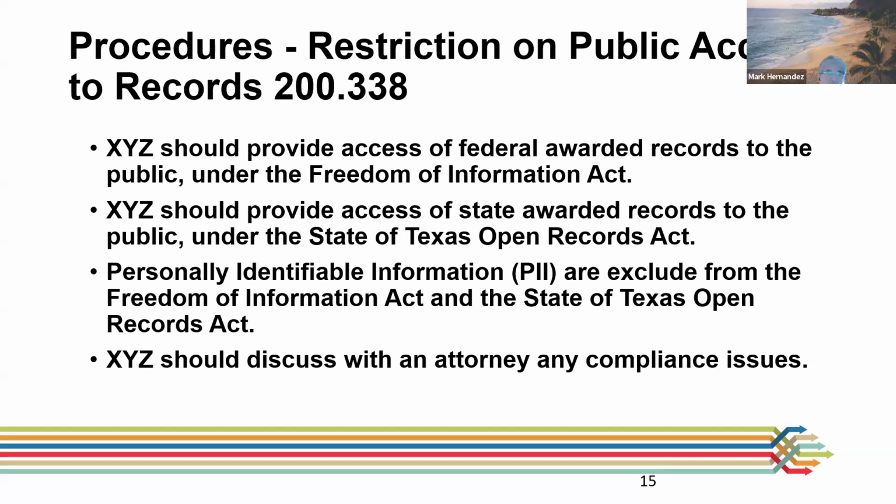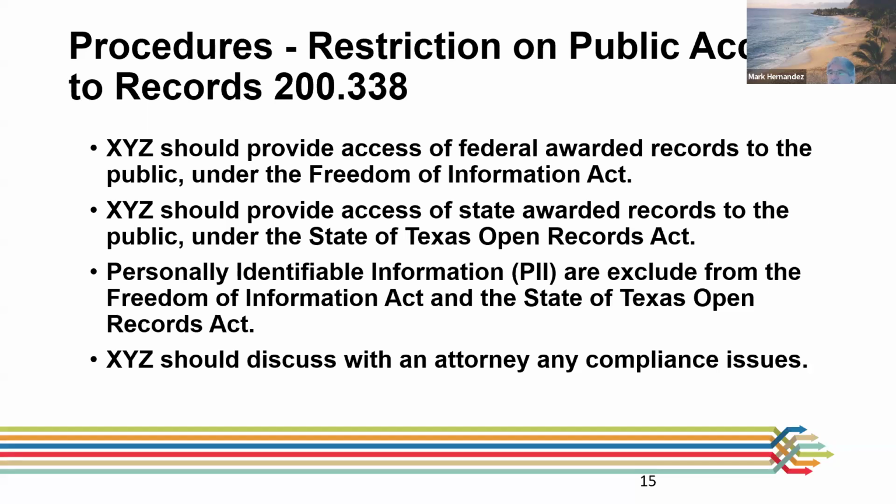And anytime you do have something like that, I would recommend that you talk to your attorney about compliance issues. You want to make sure that you comply with those acts, but you also want to make sure that you don't hurt your organization, either because you're out of compliance and didn't give the right information, or because you gave information that could be sensitive to victims or other people that are involved.